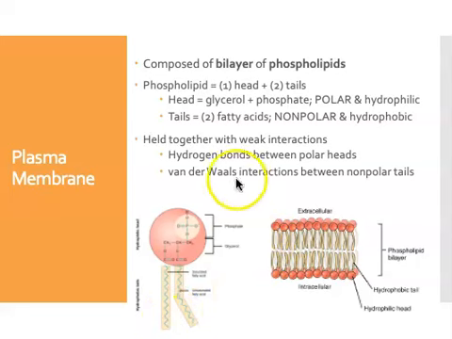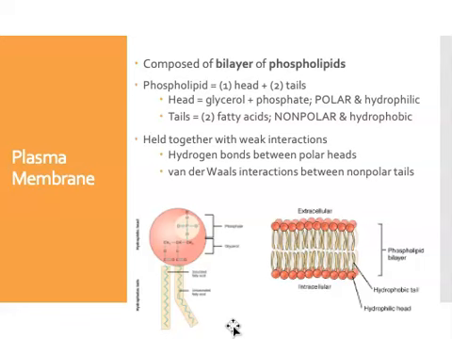On this slide, in the drawing at the bottom, you're looking at an artist's depiction of an individual phospholipid molecule. Remember, phospholipids are one of the three types of lipid that you find in a living cell. There are phospholipids, there are fats or triglycerides, and there are sterols.